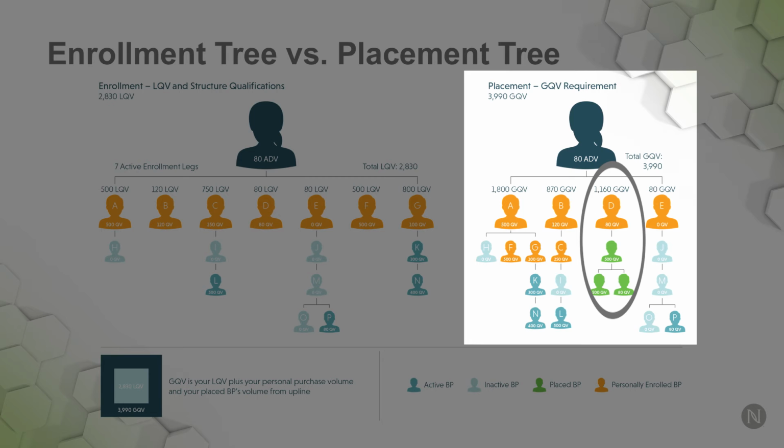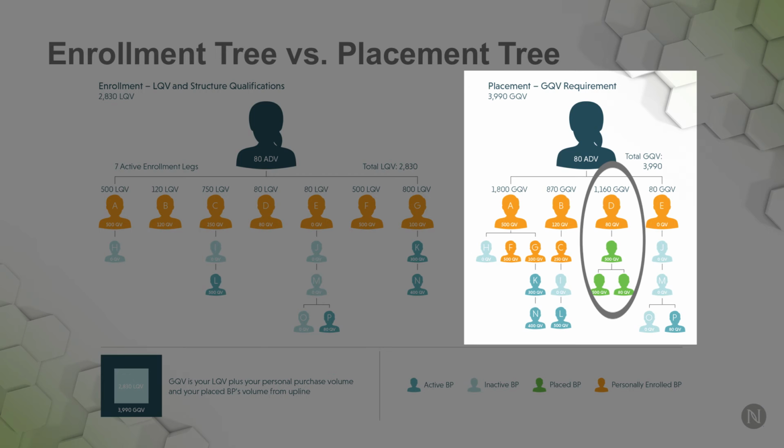Under D, for example. So D lives in Michigan, and maybe those three green people that you see also live in Michigan. There's a reason my upline placed them under me, under D, and that was a strategic placement they made. It was in the Greens' best interest to be under D.